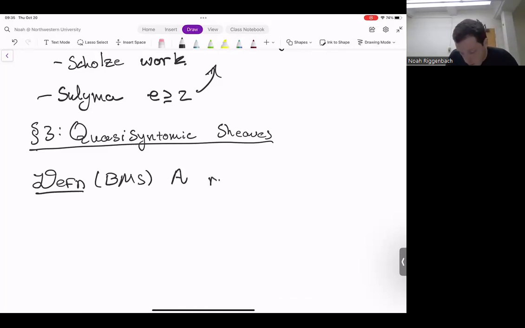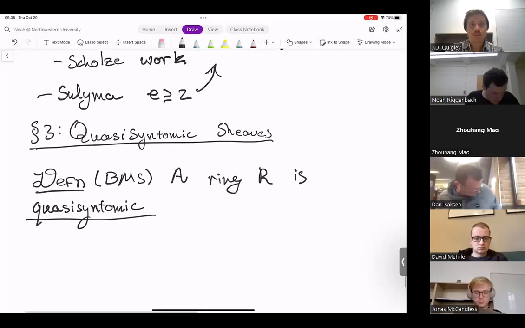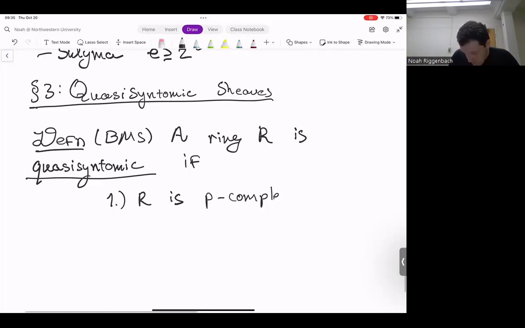So a ring R is quasi-syntomic if it satisfies 3 conditions. The first is that R is P complete. So I've switched to working one prime at a time. This is fairly harmless, but it'll just be helpful to only be working with one prime at a time.